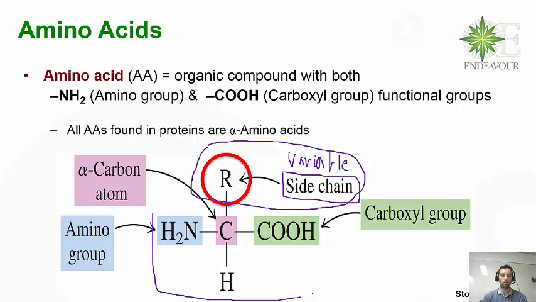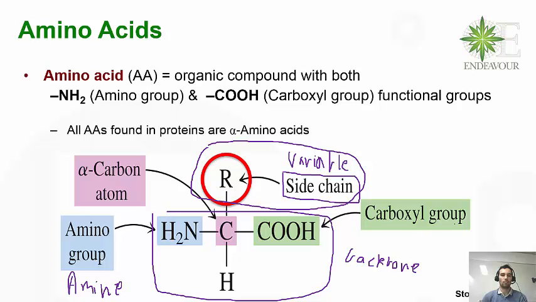What we've got down the bottom here is what we call the backbone atoms. The backbone atoms are going to be identical no matter what amino acid you look in. They're all going to have these same groups. They're going to have two functional groups. One of these functional groups is the amino group, also known as the amine group.